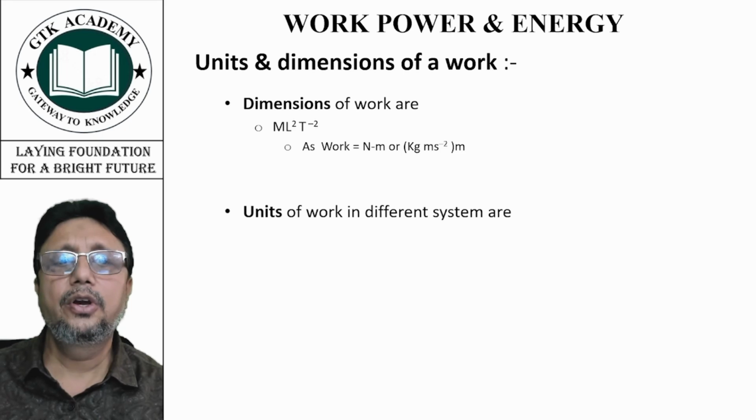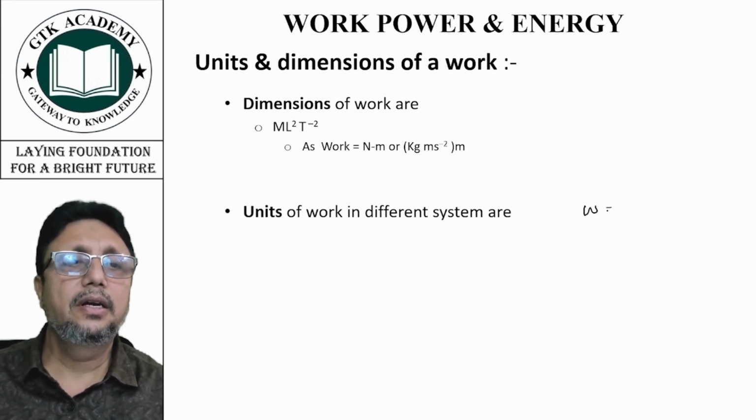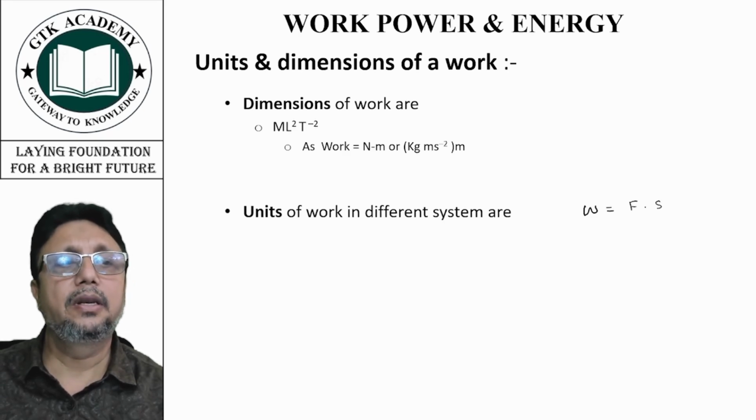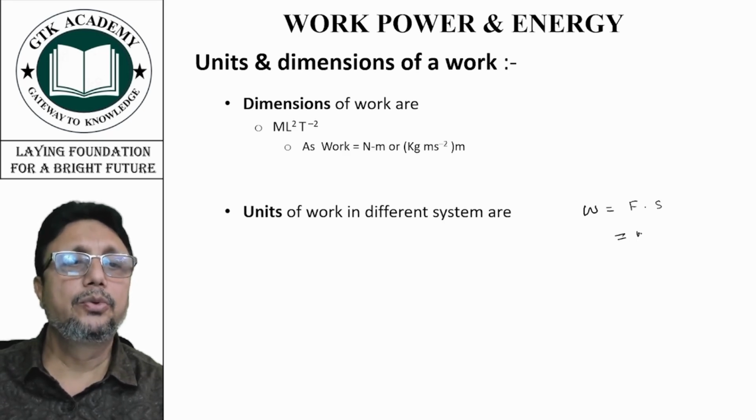Now let's talk about unit of work. Work is equal to force into displacement, which is Newton into meter, because the unit of force is Newton. So this is called joule.